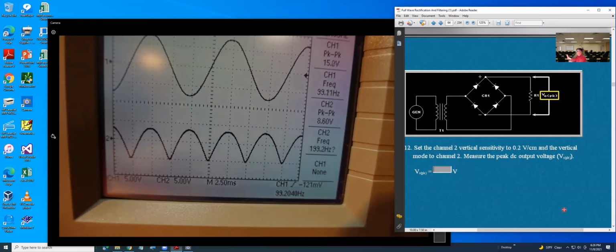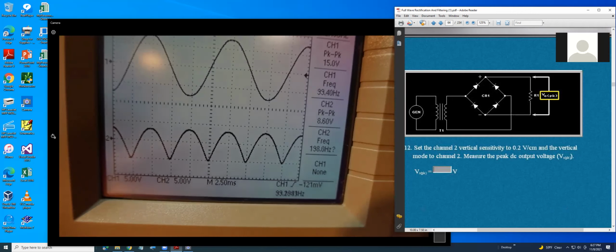This is the output in here. However, in here they can get a DC voltage also. What is the voltage for DC?